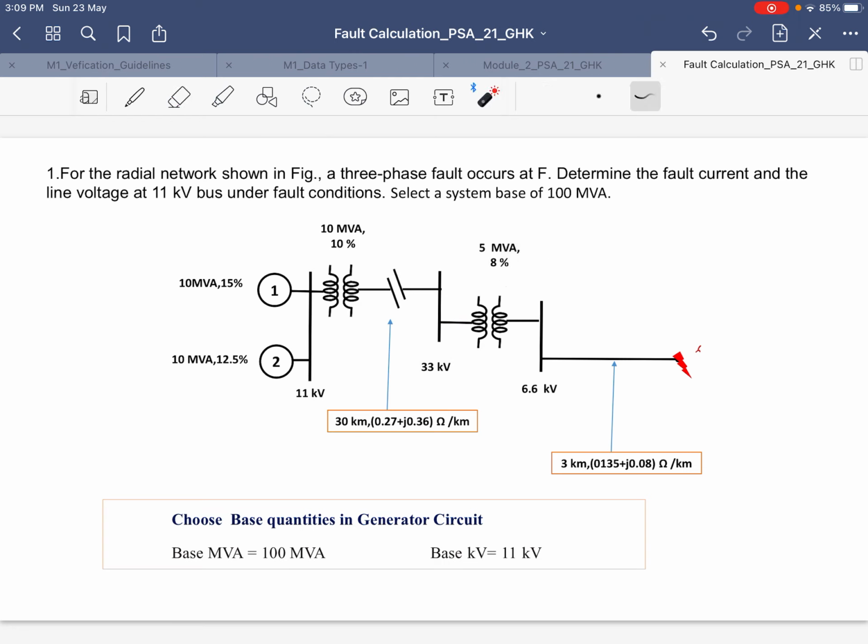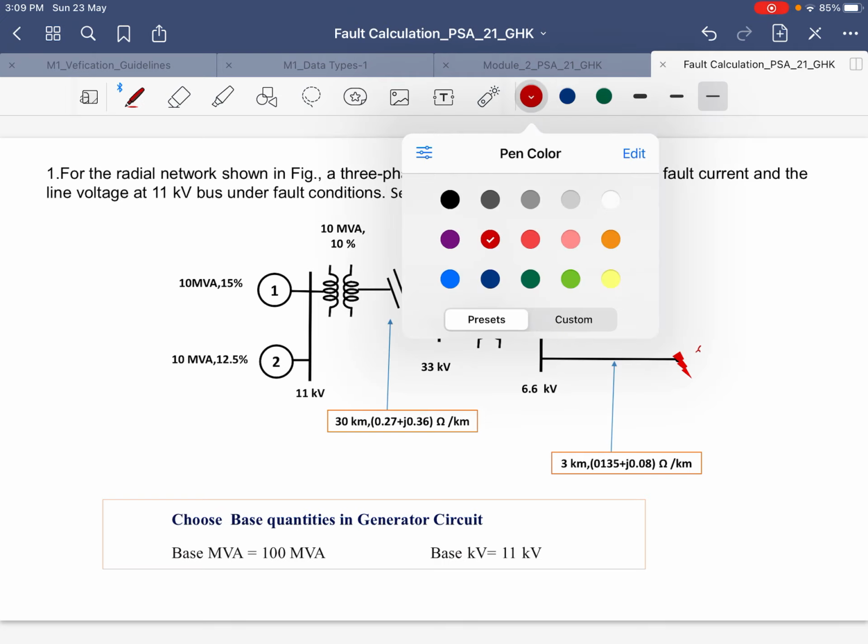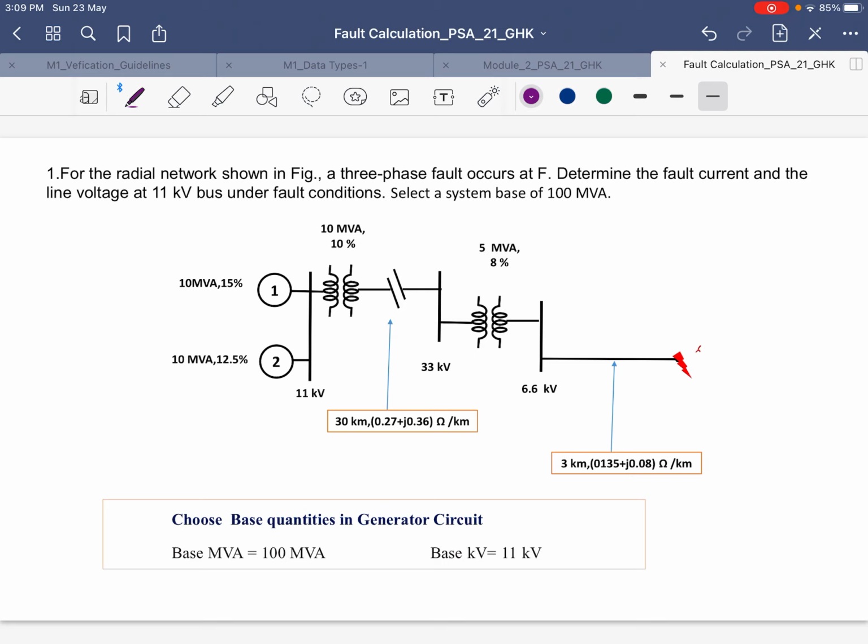Now, he is not saying anything about the base voltage. Therefore, I am taking 11 kV as the base voltage in the generator circuit, and I am choosing 100 MVA as the base quantity. So I start writing the base quantities: 100 MVA and 11 kV. In this circuit it is also 100 MVA.